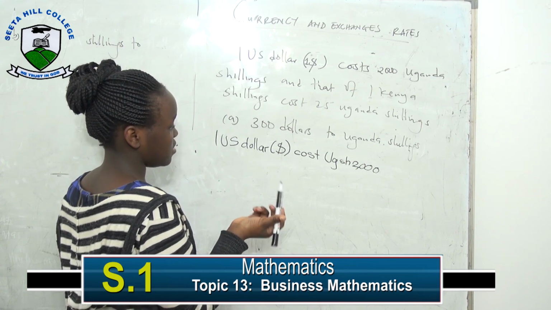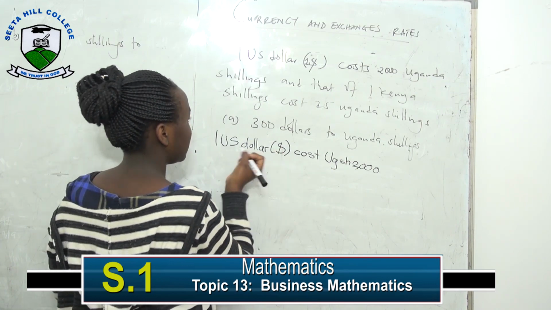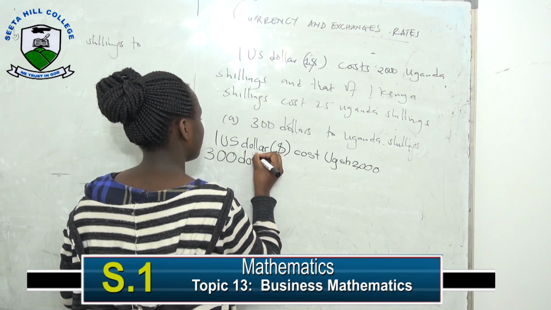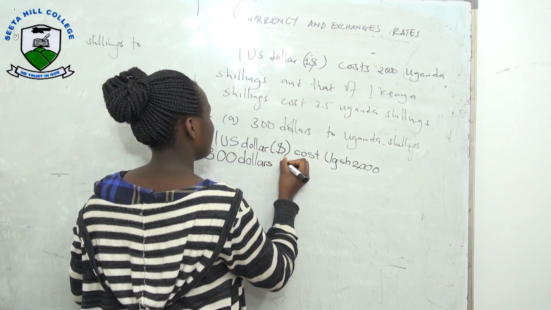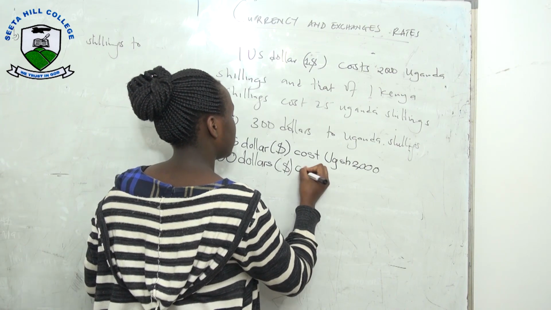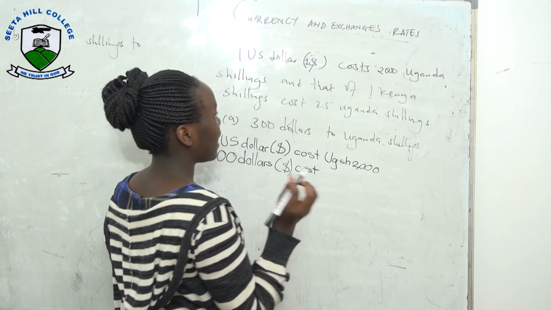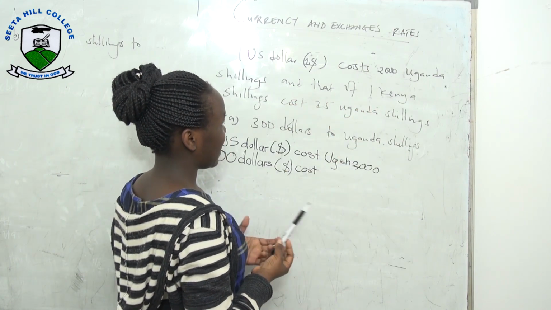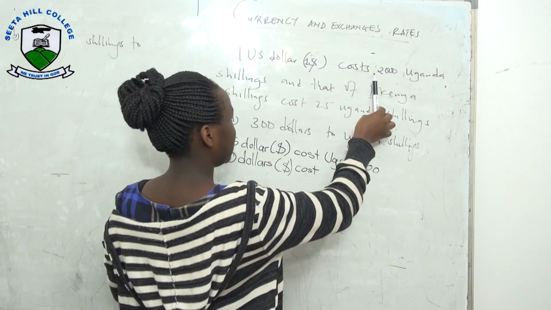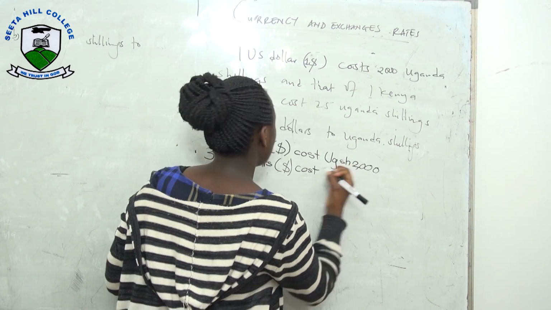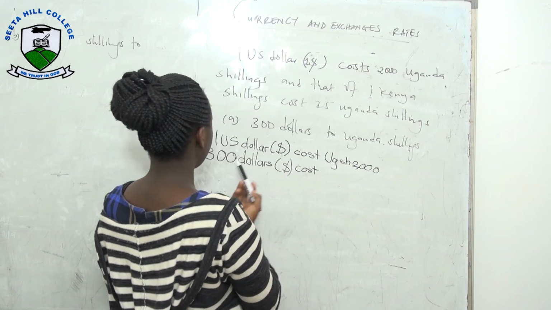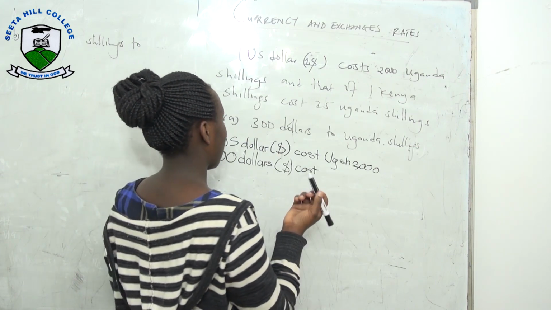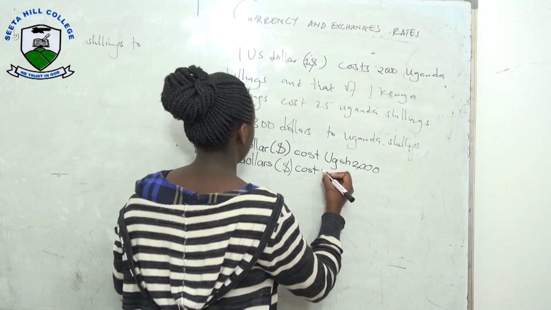If $1 US costs 2,000 Uganda shillings, then what of $300? The currency of Uganda is low, but here it looks like much. So we shall have to multiply the $300 and the Uganda shillings to find the Uganda shillings that represent $300.